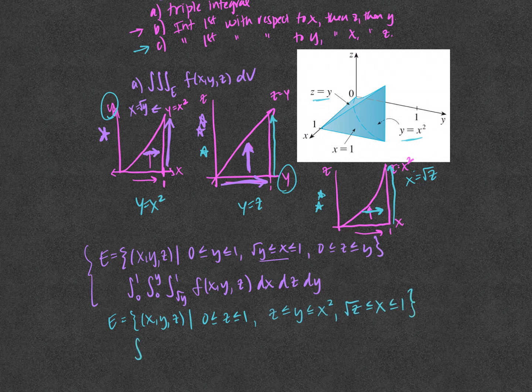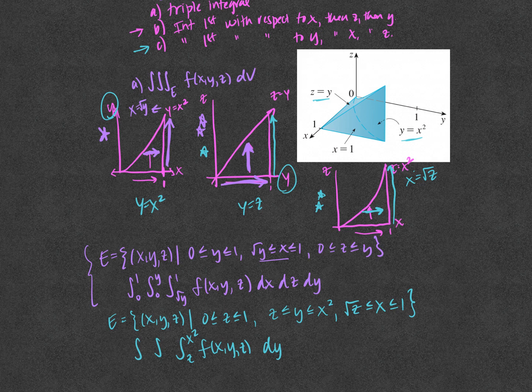So we can build our iterated integral of f of x, y, z. Make sure you do it in the right order. First with respect to y. So y is going to be from z to x squared. And that makes sense because it has to go first in this case because we have all these variables happening.